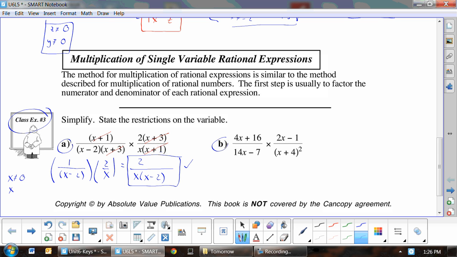Okay, so remember, when we're finding our restrictions, we know that it's our factors that cannot equal 0. Perfect. So if we go no, we have it because we have a factor of x right here. Okay? So we're still looking for 2 more.